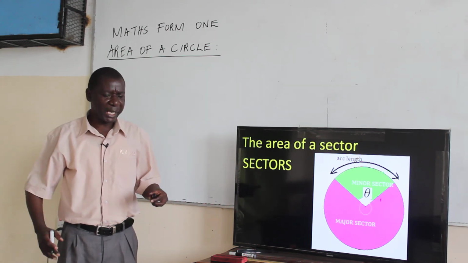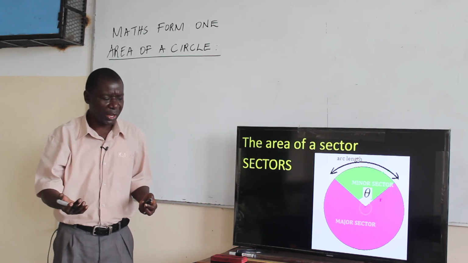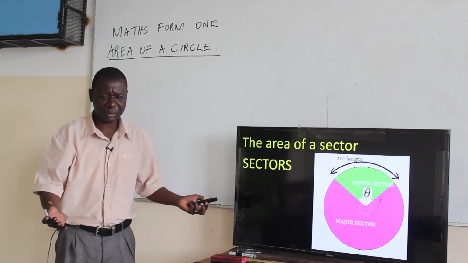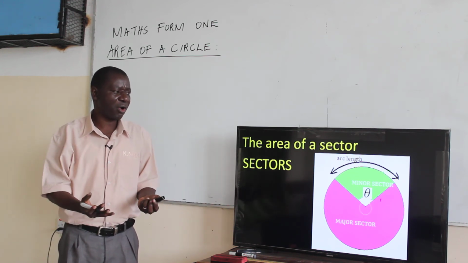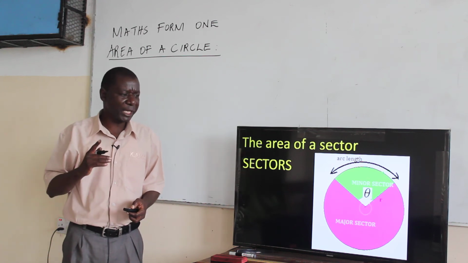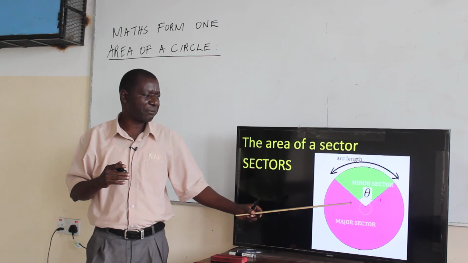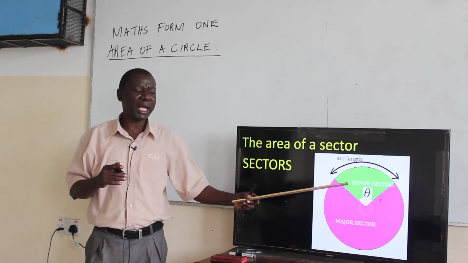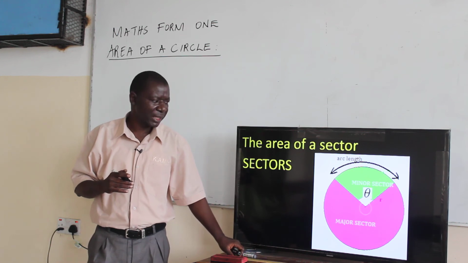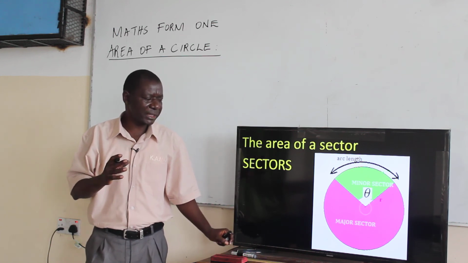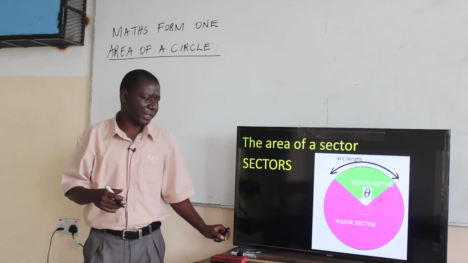And so the area of a sector is just a small fraction of the area of the whole circle. If it is a small fraction of the area of the whole circle, we know the angle making a whole circle is 360. So any angle smaller than that can make a fraction of that whole angle of a circle.